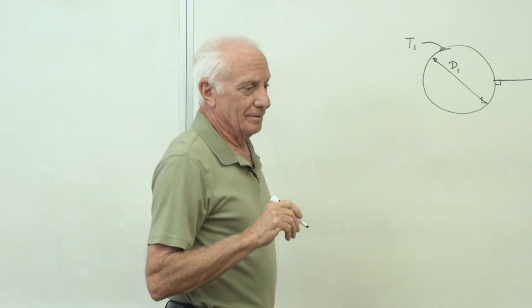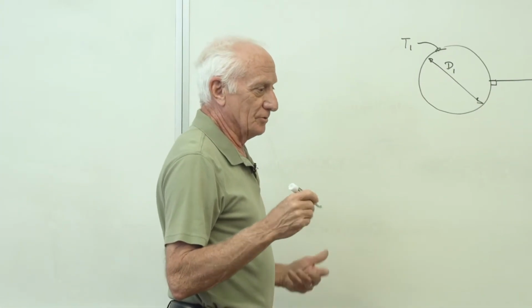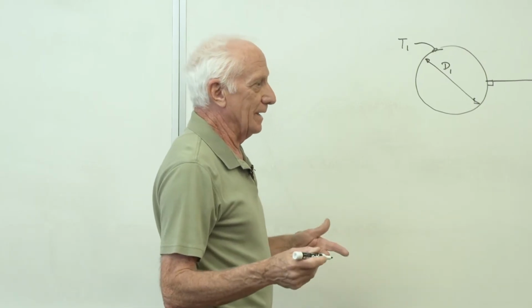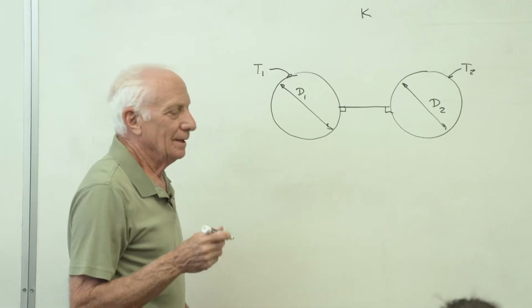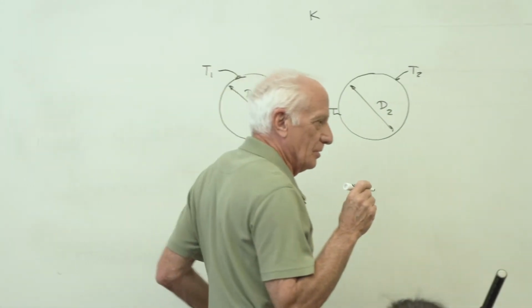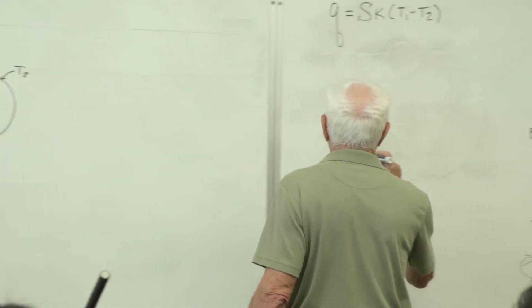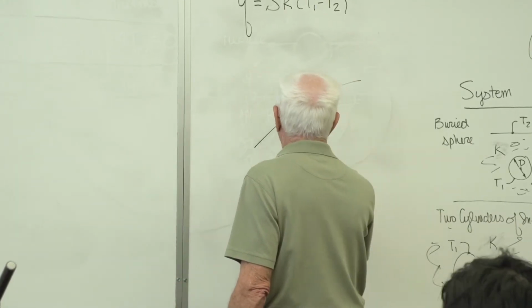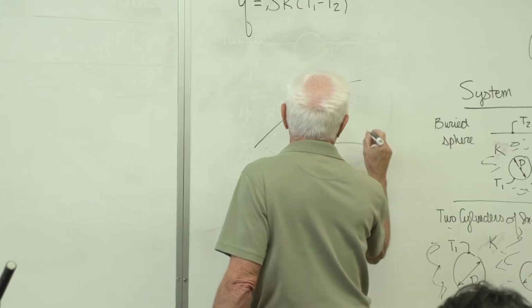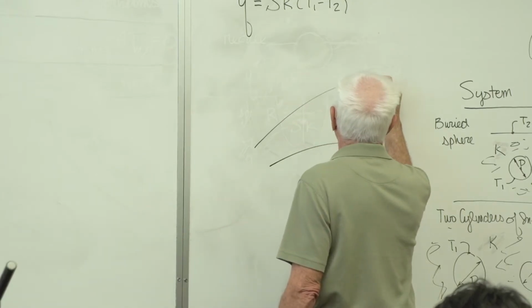Rule 2: lines of both geometric and thermal symmetry are automatically adiabats. Let me go back and tell you where the word adiabat comes from. Here's my flux plot. This is an adiabat.